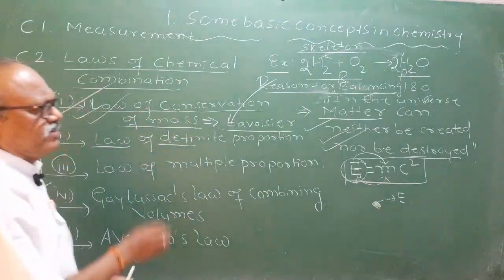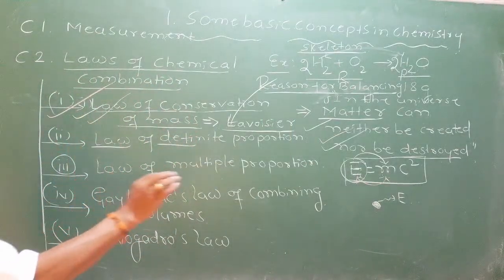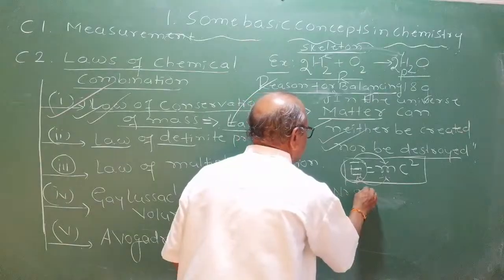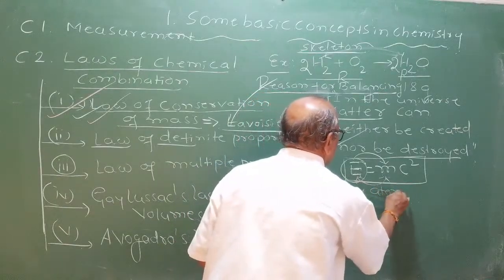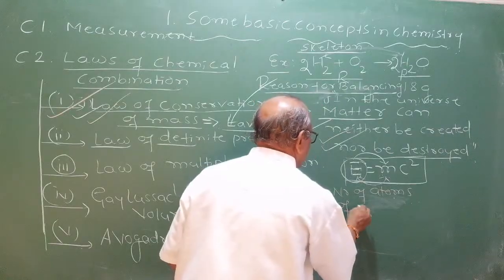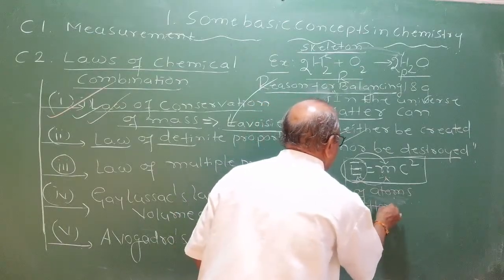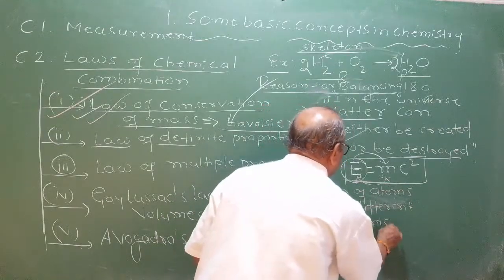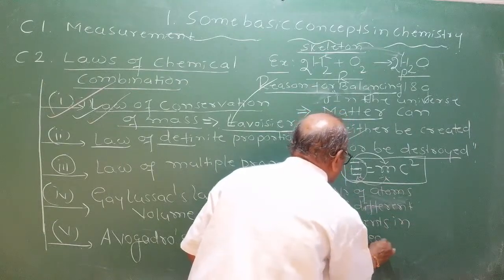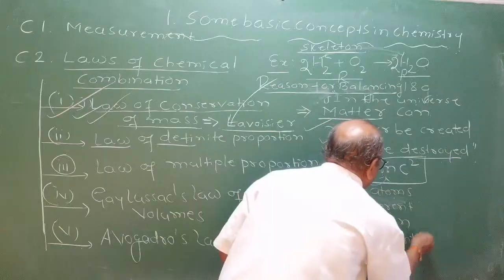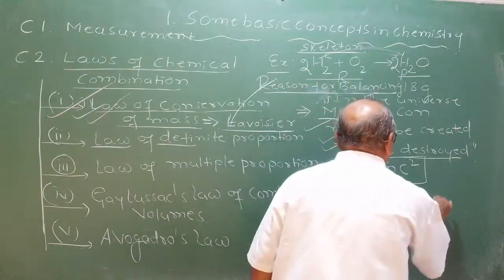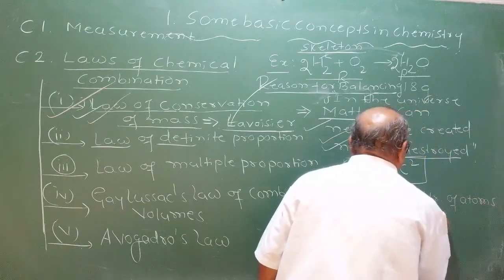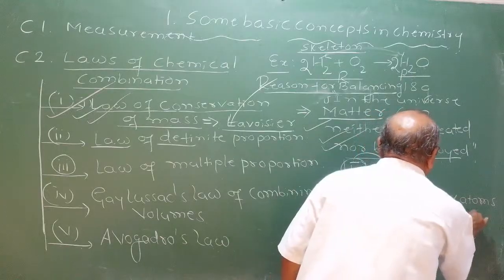The law of conservation of matter says that matter can neither be created nor be destroyed. The simple meaning of this is that the number of atoms of different elements in the reactants must be equal to the number of atoms of different elements in the product side.